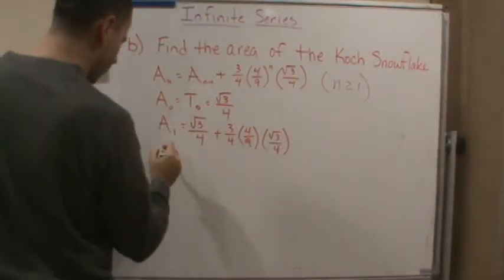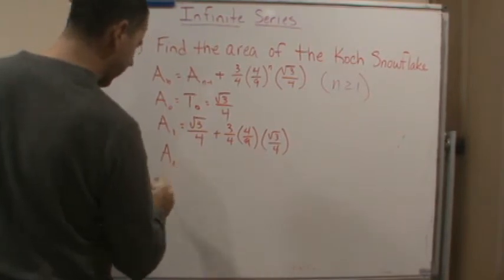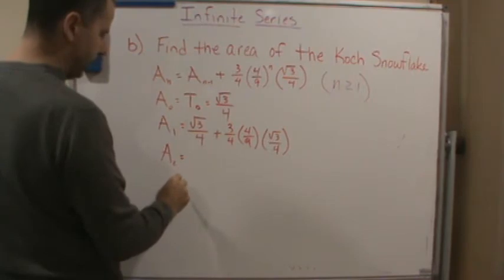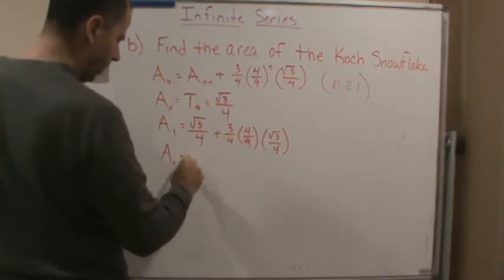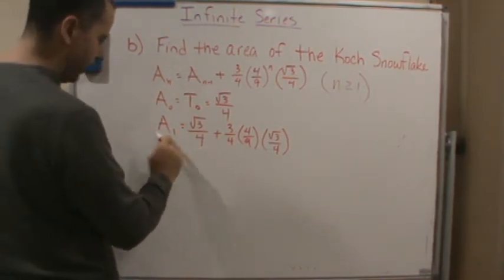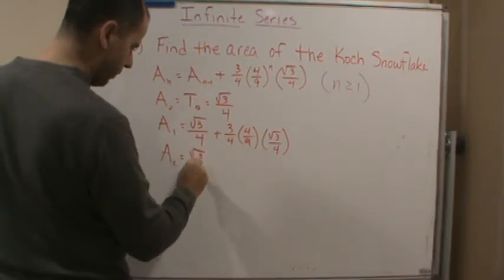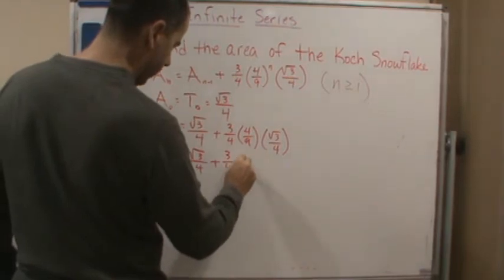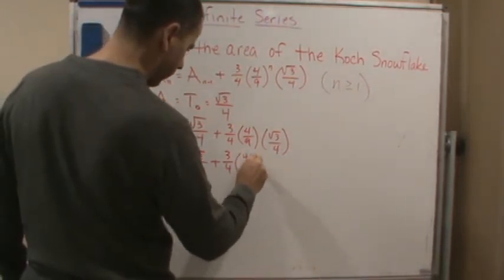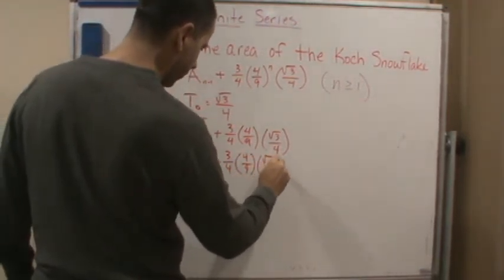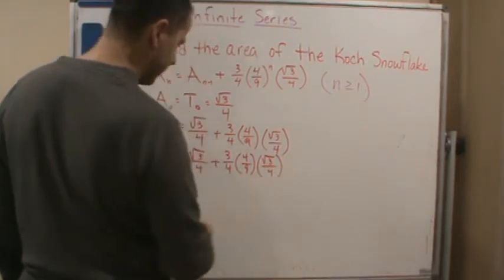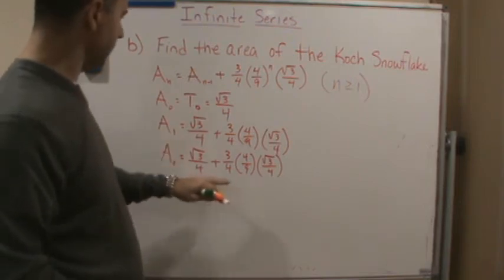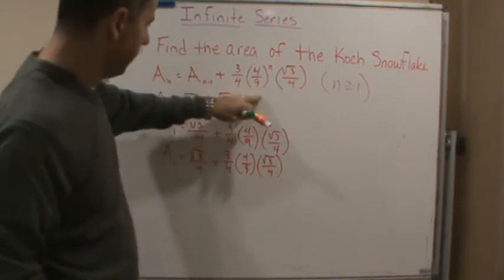If we do a sub 2, that's going to be a sub 1, which is this, plus this piece with 2.